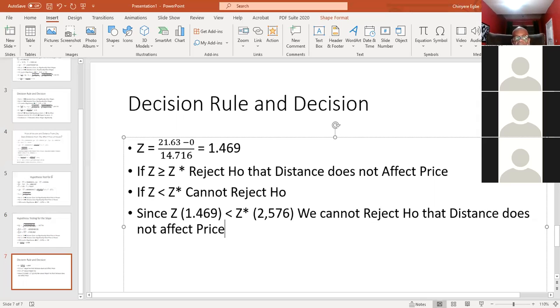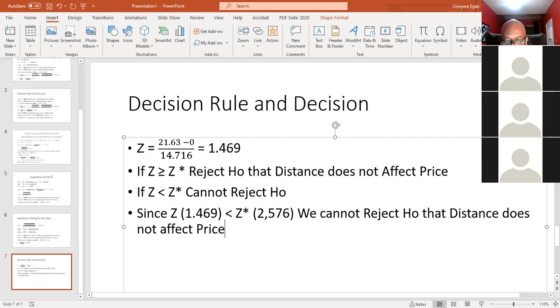Now, did you follow the logic? Yes, that makes sense. Okay. So this is the logic. If B is 0, that means distance has no effect. So that's your null hypothesis. Once you are not able to reject that null hypothesis, what are you saying?